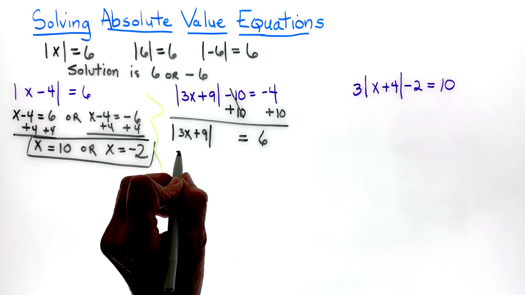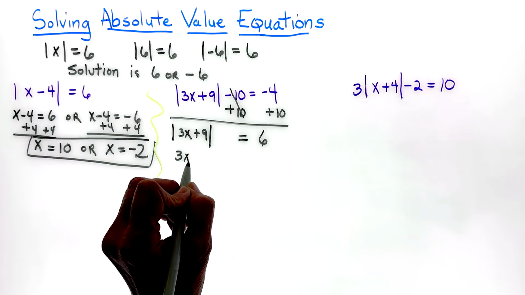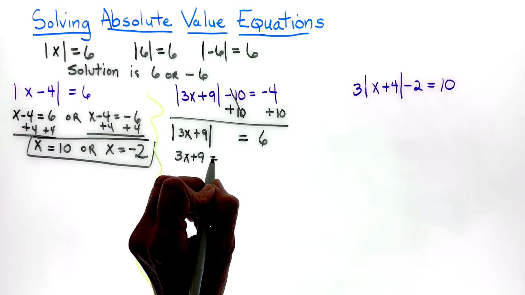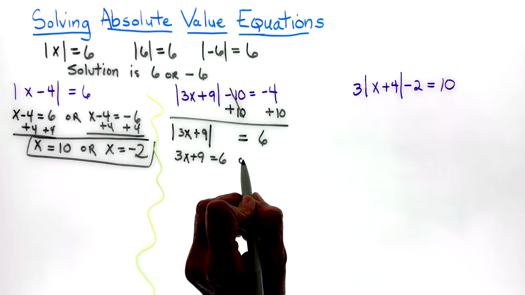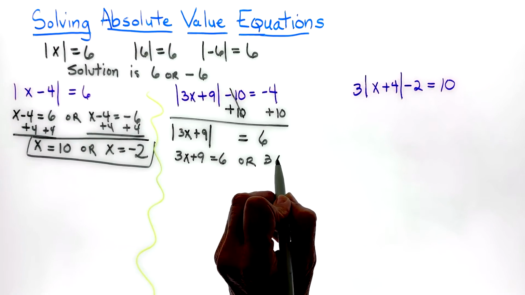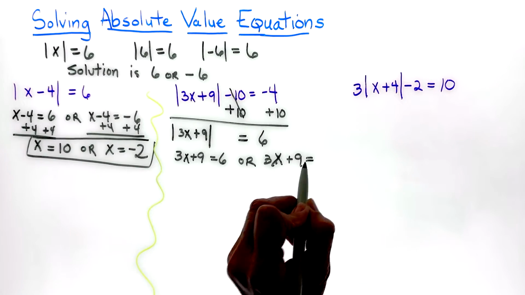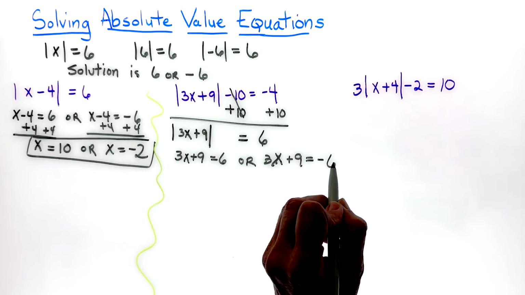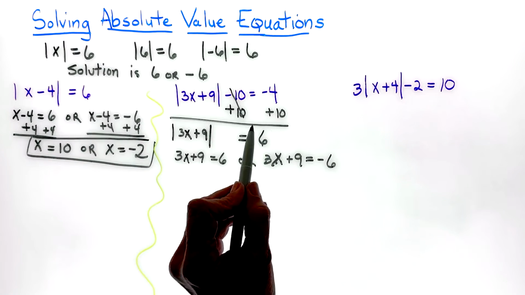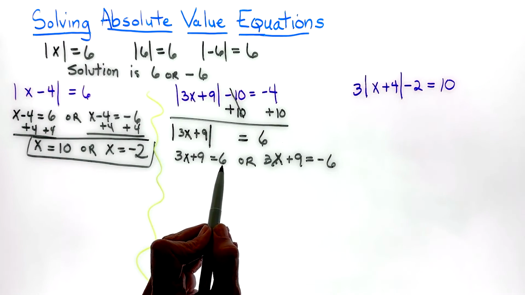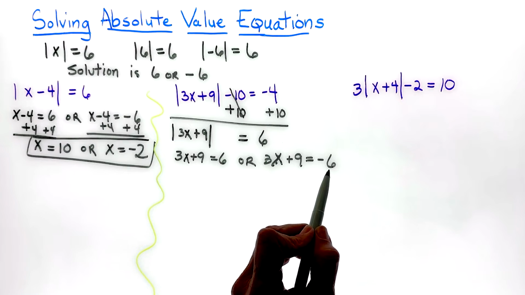So I am going to write two equations. 3x plus 9 is equal to 6, or 3x plus 9 equals a negative 6. So whatever number we have up here, we write it as a positive and we write it as a negative.